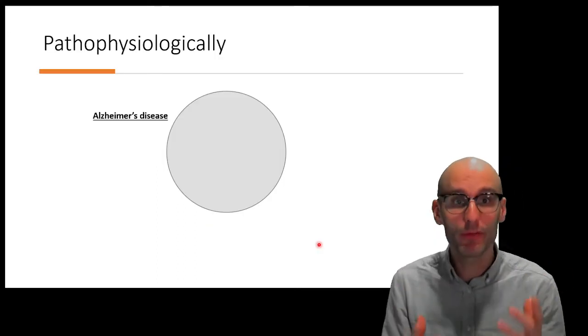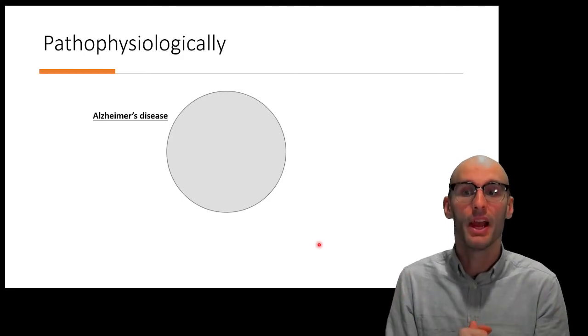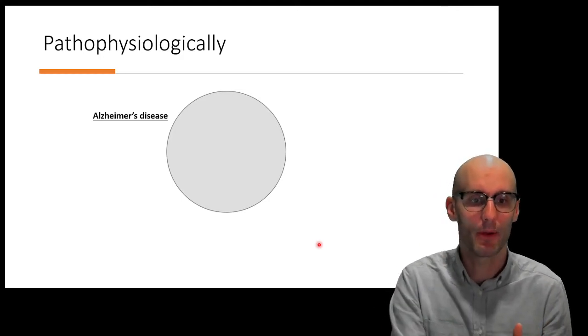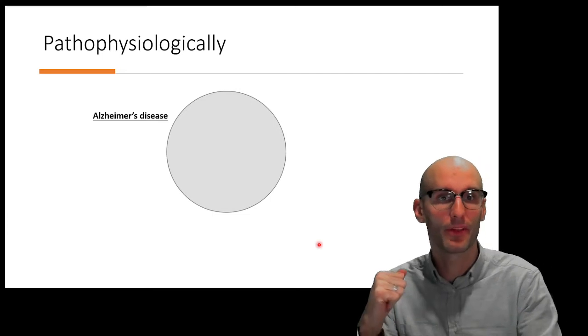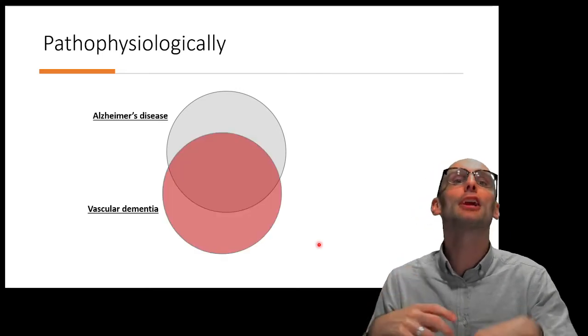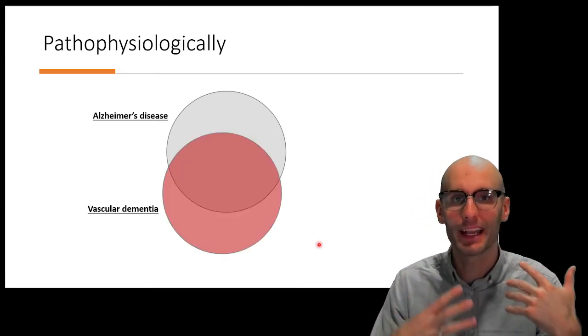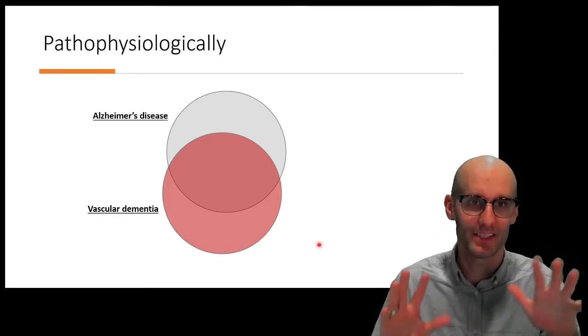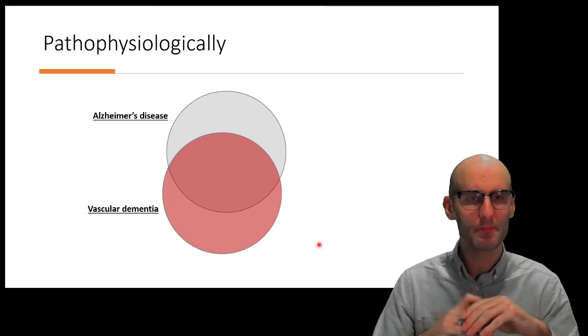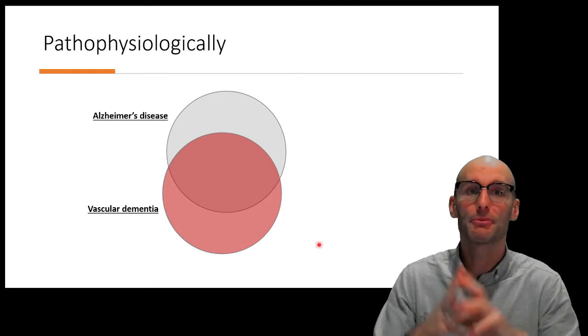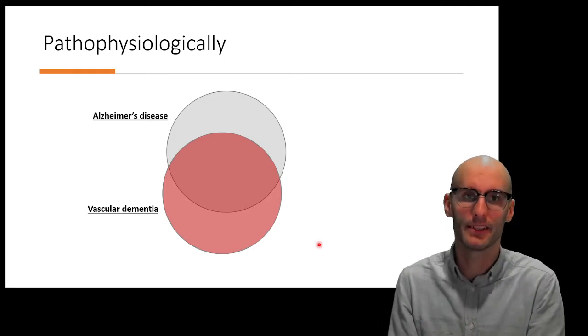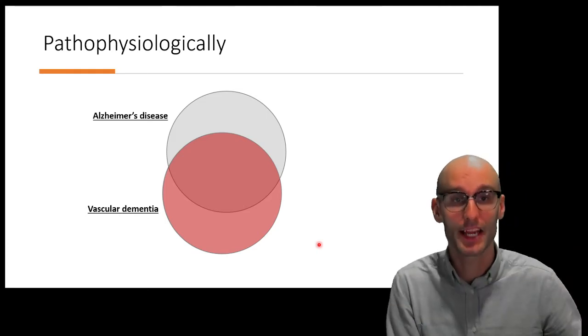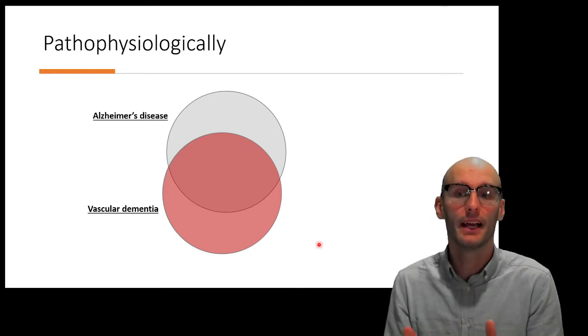However, pathophysiologically, this is what I want to get into. The disease processes going on in each of these forms of dementia are hugely overlapping. And we're now understanding these overlaps might be massive beyond what we expected. Some studies report up to 70% of Alzheimer's disease on post-mortem investigation also have vascular dementia.